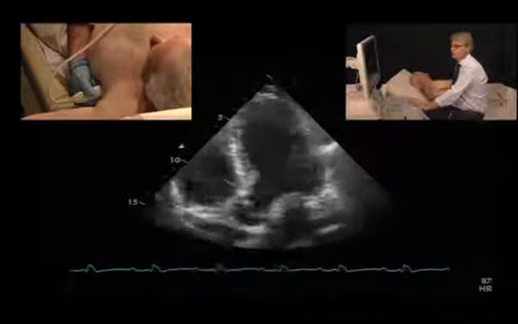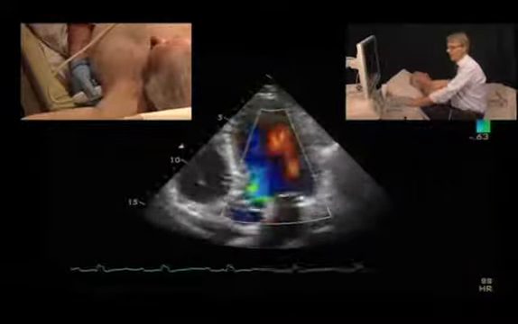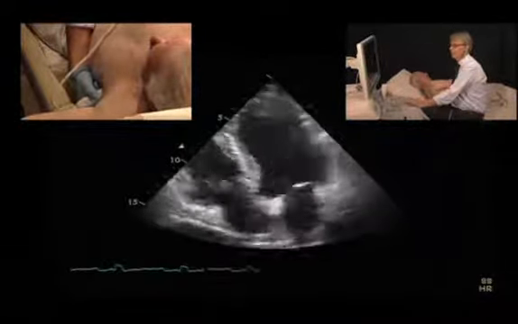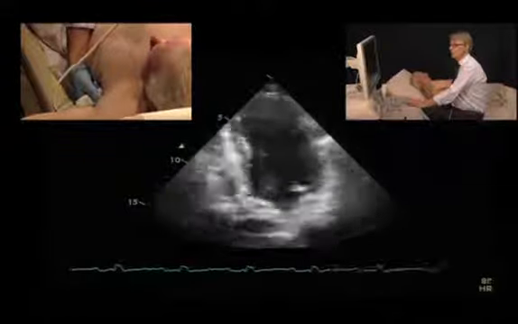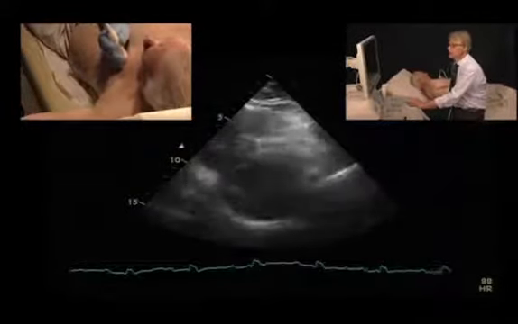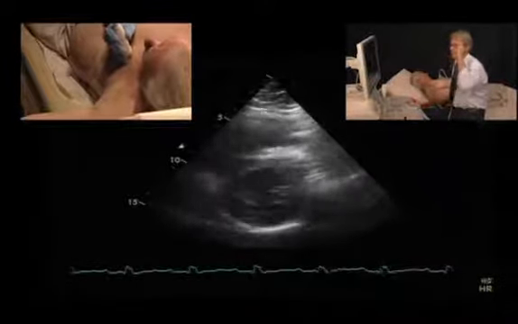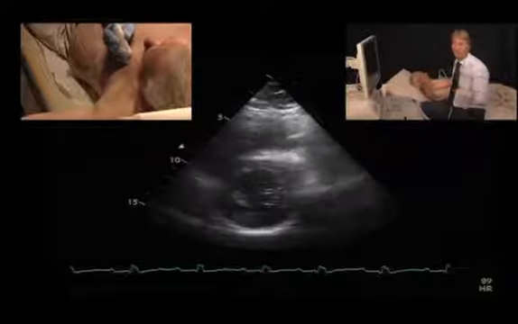The other thing we see is that the patient does not have obstruction of the LVOT, there's no SAM phenomena, and also with color we see no turbulent flow. If you also take a look at the short axis view, you can see that hypertrophy is concentric. So all segments have approximately the same wall thickness.